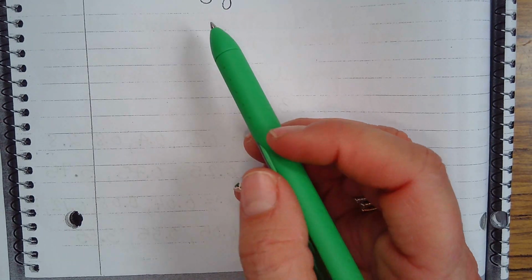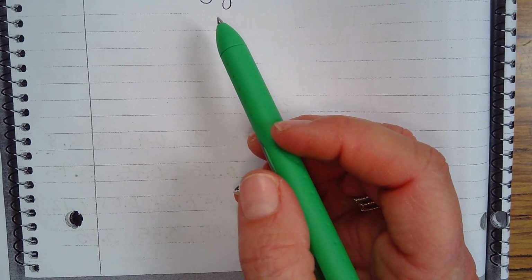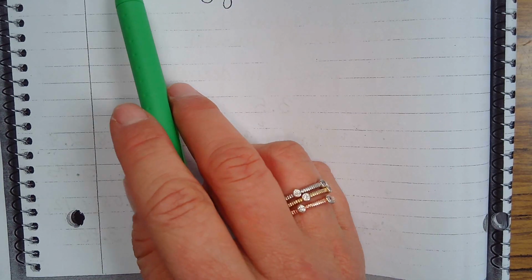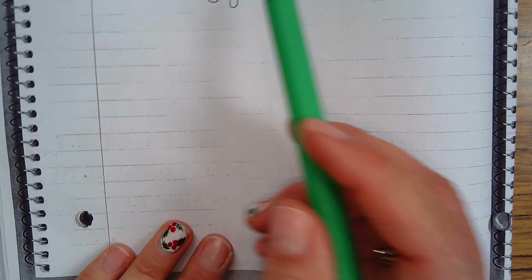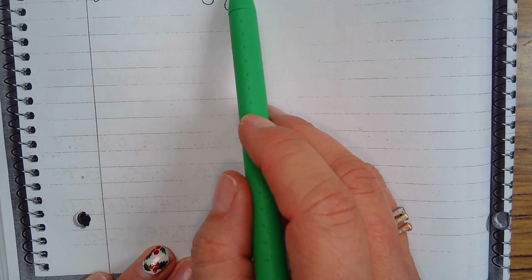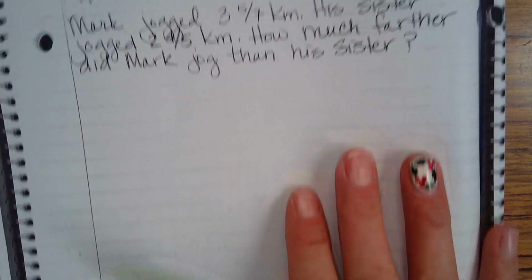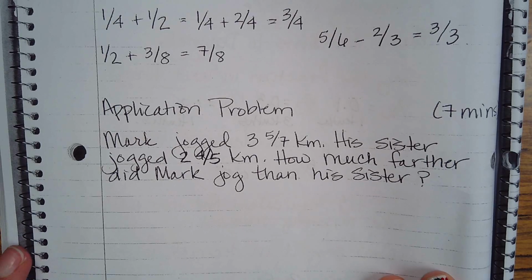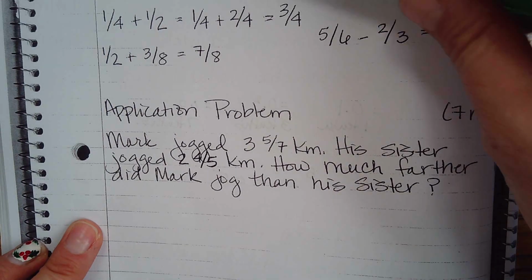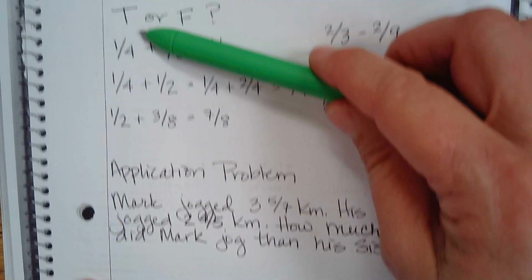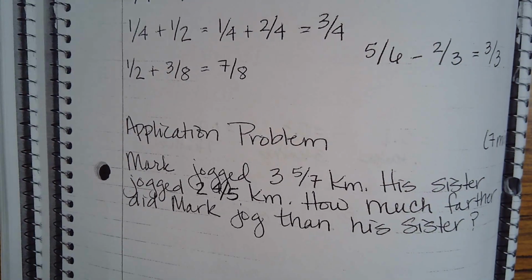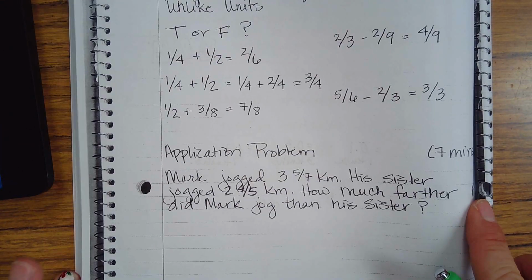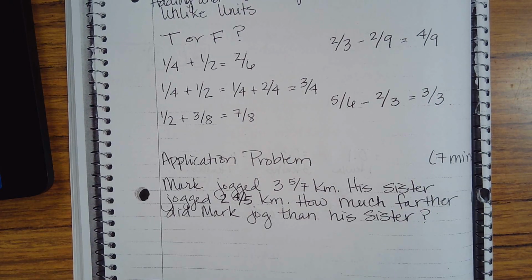Just look at it and try to decide if it's correct or incorrect. Then your application problem: Mark jogged 3 5/7 kilometers. His sister jogged 2 4/5 kilometers. How much farther did Mark jog than his sister? So go ahead, work on these 5 problems using true or false, then solve the application problem, and then come back to check your work.